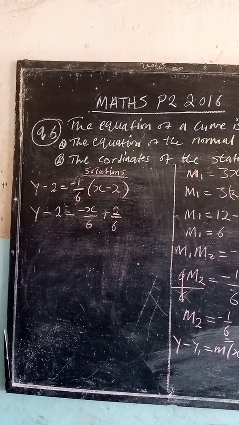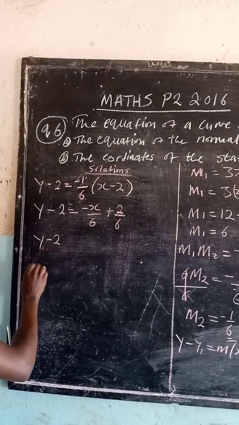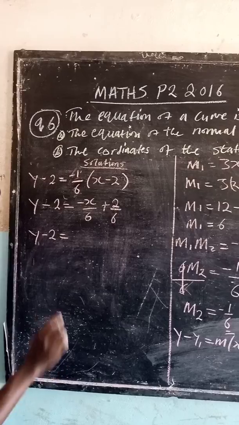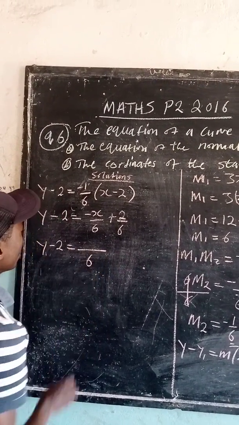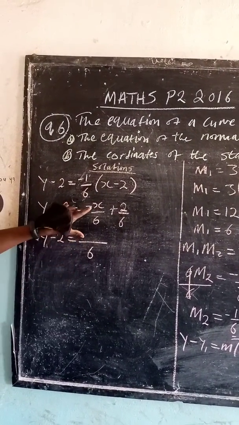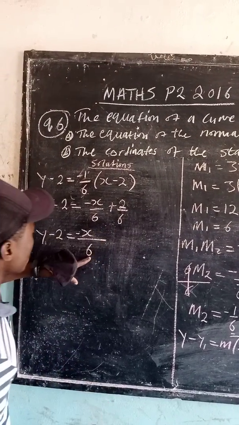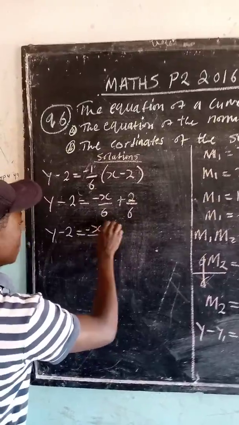In this case, we can now say y minus 2 is equal to, here we are going to look for a common denominator, in this case, which is 6. Then we'll do 6 into 6, it is 1. 1 times -x, it is -x. 6 into 6, 1. 1 times 2, it is 2.